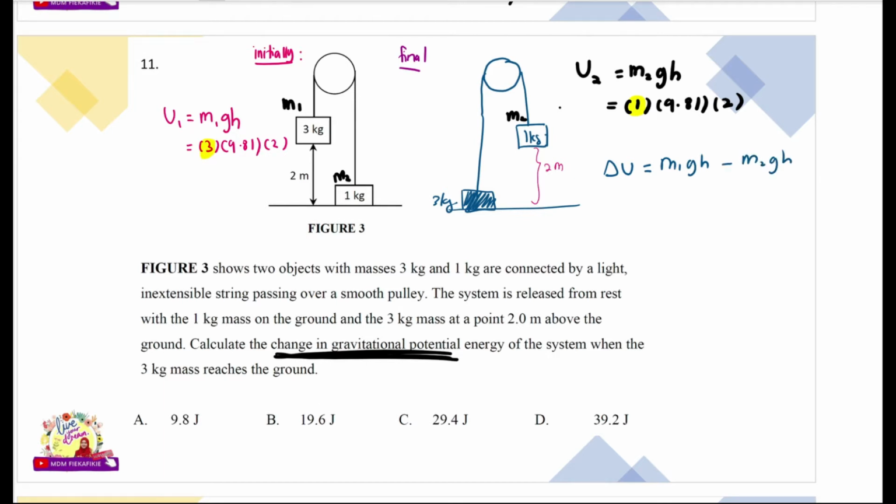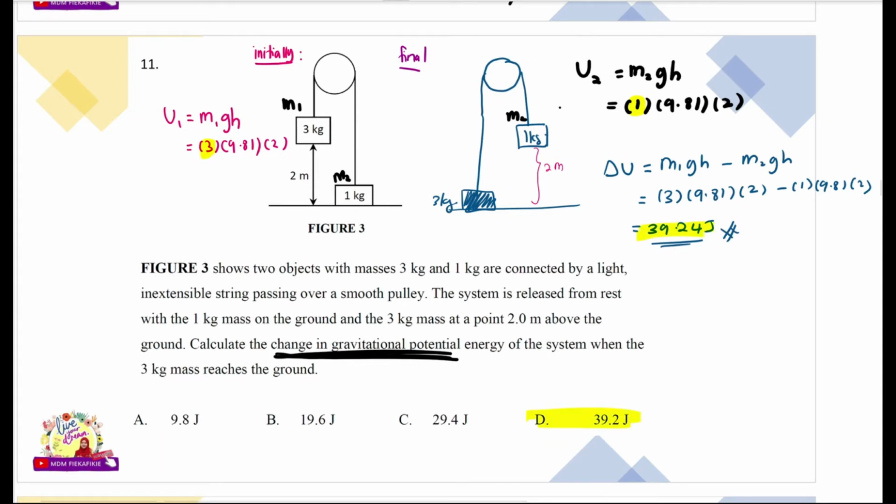Okay, saya tolakkan yang besar, tolak yang kecil. Okay, so kalau you substitute dalam you punya equation, okay, so kita akan dapatlah nilainya adalah berapa jawapannya? Okay, cuba you kira. So saya dapat 39.24 joule. Okay, so the answer is D.